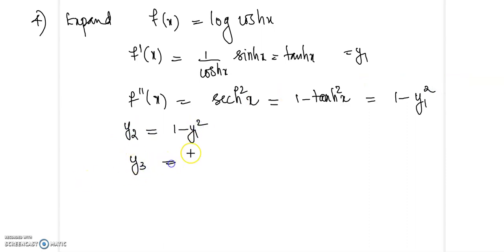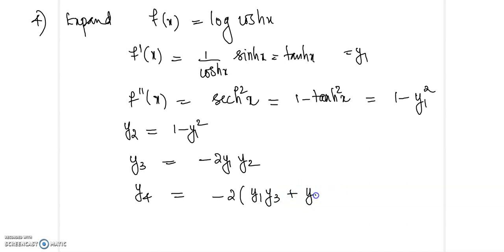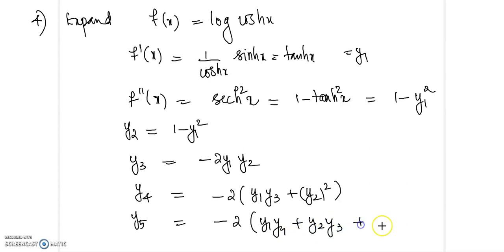So for finding y3 it will be minus 2 y1 into y2. And if you want y4, it will be minus 2 y1 y3 plus y2 square. Then y5 will be minus 2 y1 y4 plus y2 y3 plus 2 y2 y3. So these are going to be the derivatives.